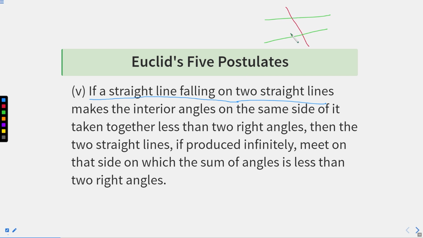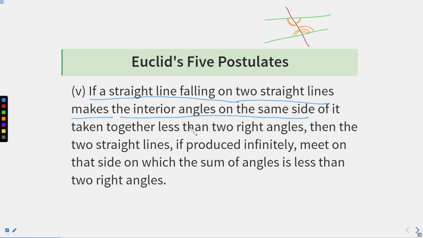This red line is falling onto two green lines as in the statement. Okay, the interior angles on the same side. So let's first see what the interior angles are. Interior angles are like these, all are interior angles drawn in orange color.